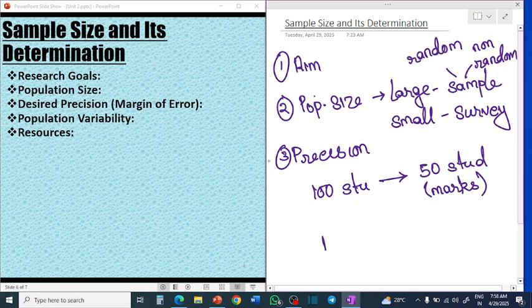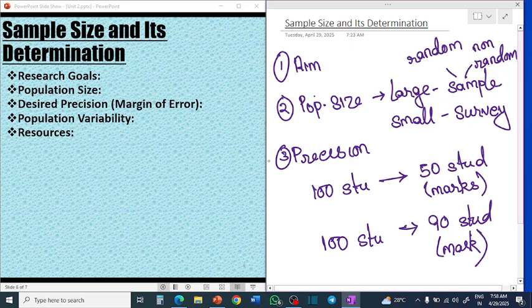Now in the second option, you have 100 students and you have taken 90 students, and you have calculated the average marks.